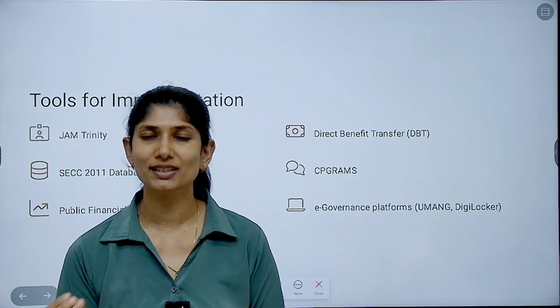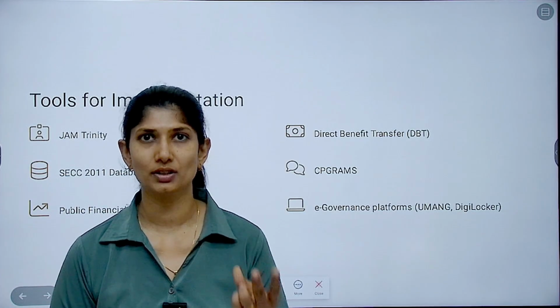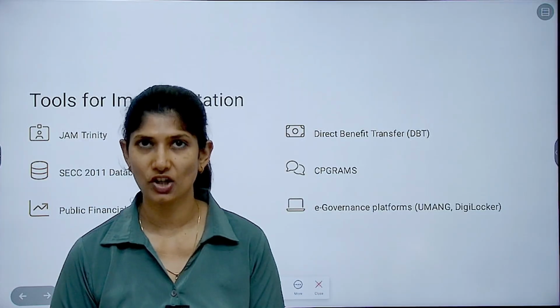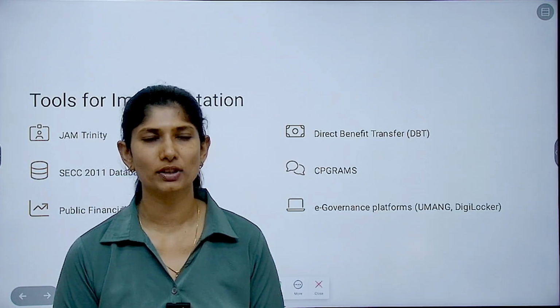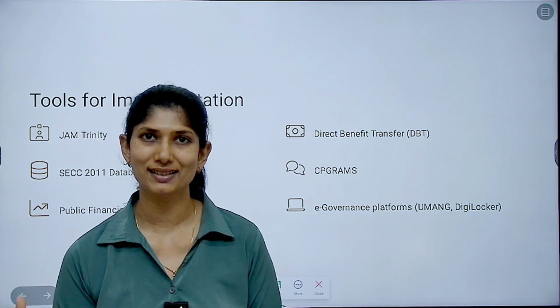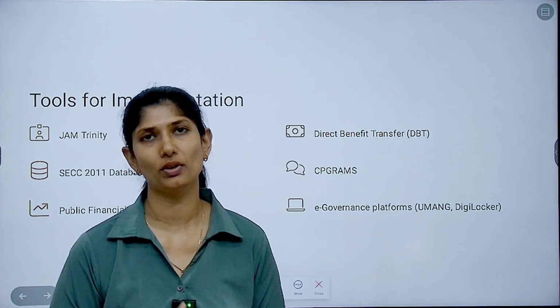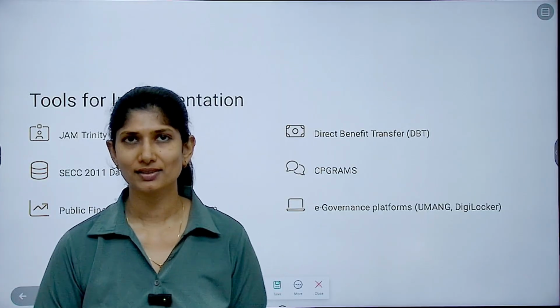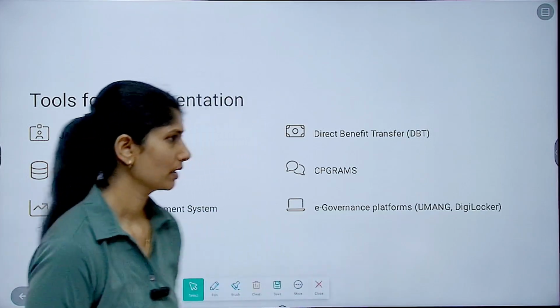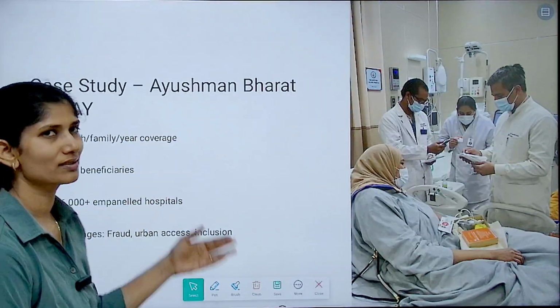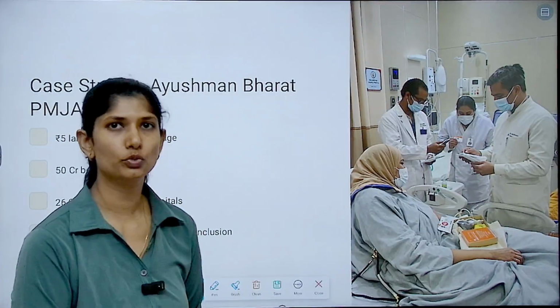So you bring in digitization to avoid corruption, increase accountability, increase transparency, and one main important thing is to keep the citizens involved in the policy making. For example, we have the MyGov app, which does the exact same. All right. We will further down be discussing a few of the schemes also.